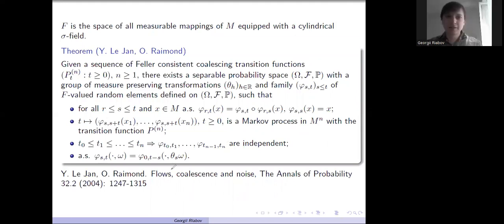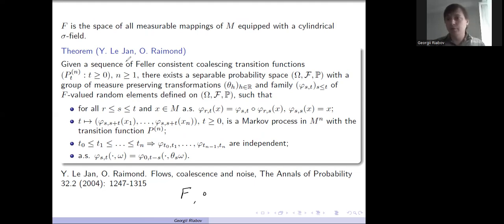Because in the perfection theorem, we need crude cocycles with values in topological semigroups. So the space F where mappings live must be at least a topological semigroup, and the composition operation must be continuous.